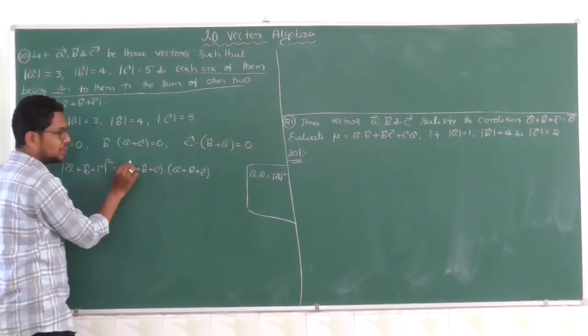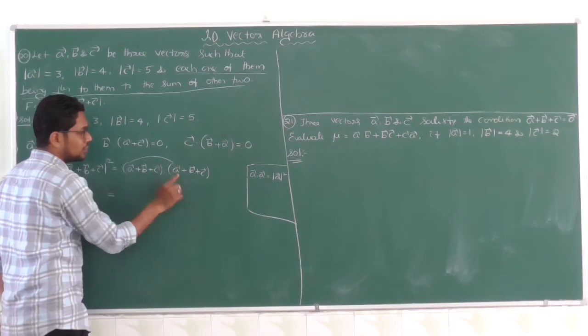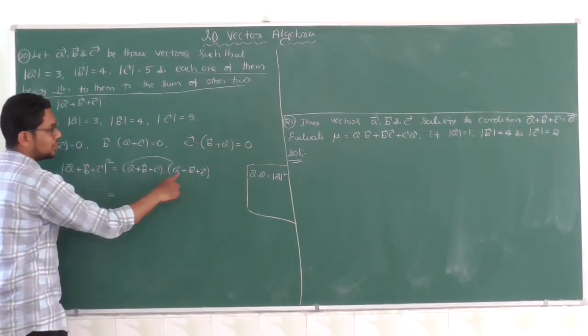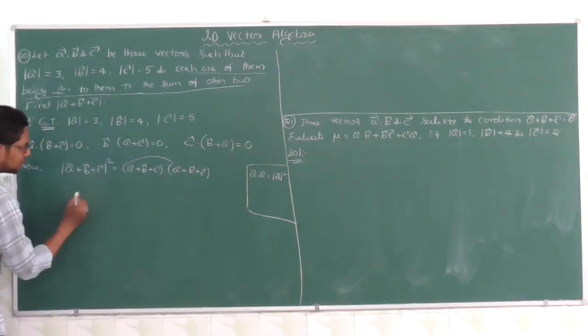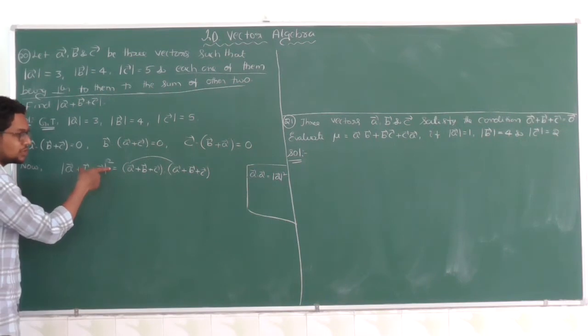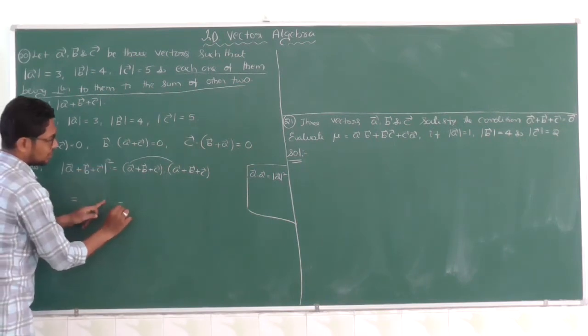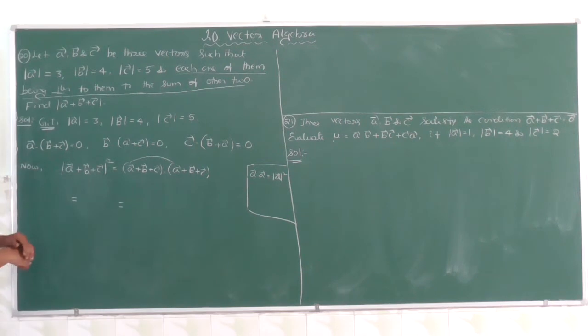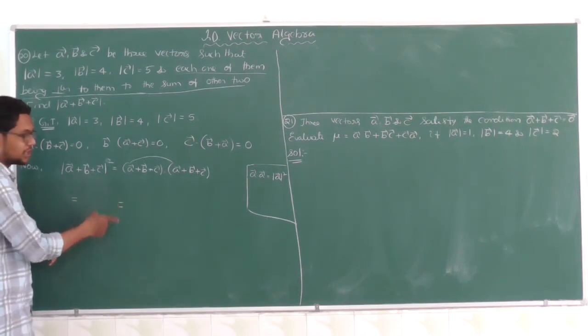I am just multiplying this A vector with these three vectors. A dot A. I want space, so I am writing here. In your notebook, you just continue here onwards.